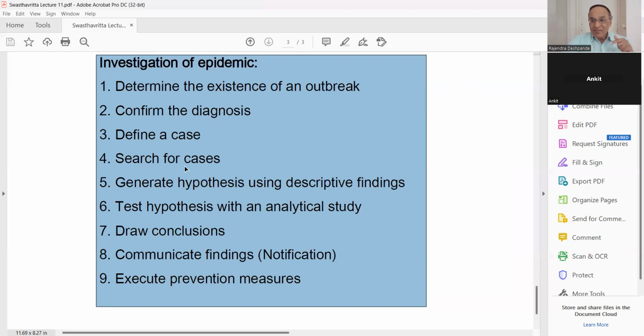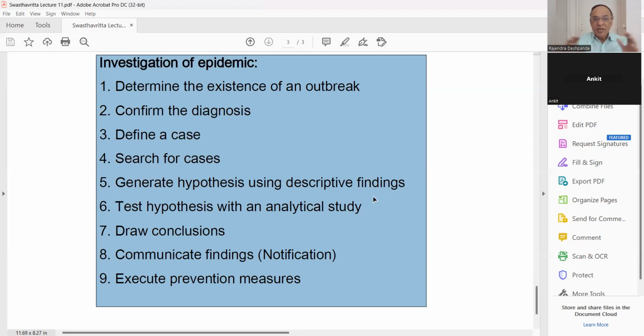Search for the cases. In the whole area, all the people are asked to do urine examination for bile salt and bile pigment to rule out whether they have jaundice or not. Generate a hypothesis using descriptive findings. Whenever the patient is having nausea, vomiting, mild fever, anorexia, this patient may be having jaundice.